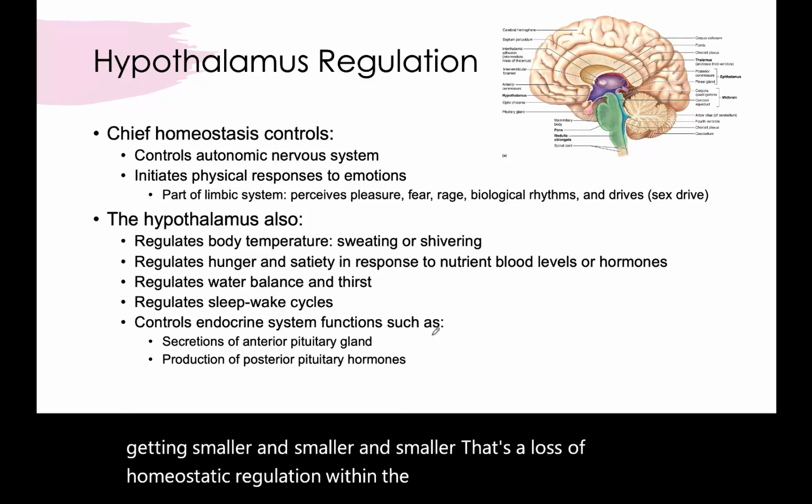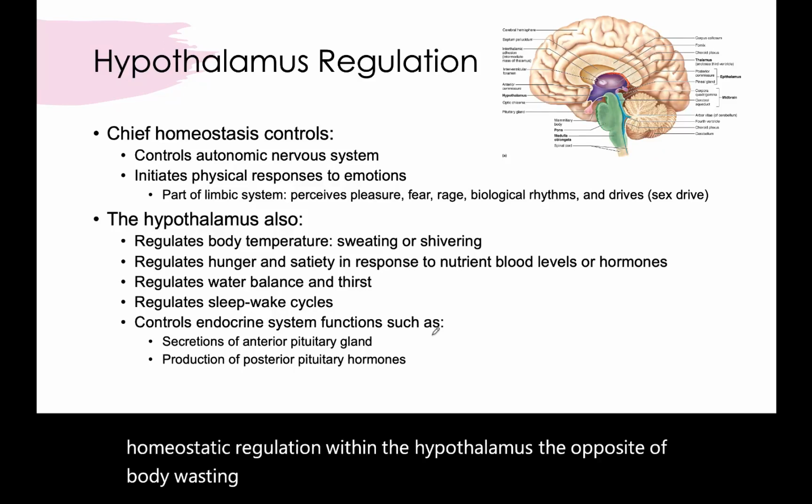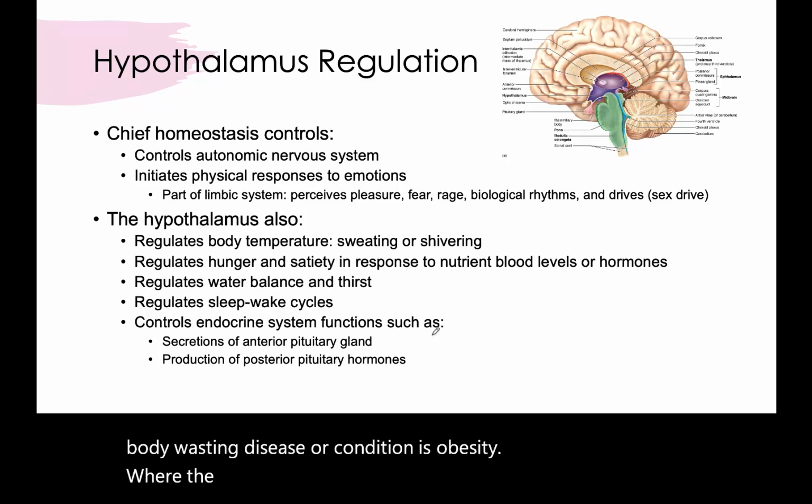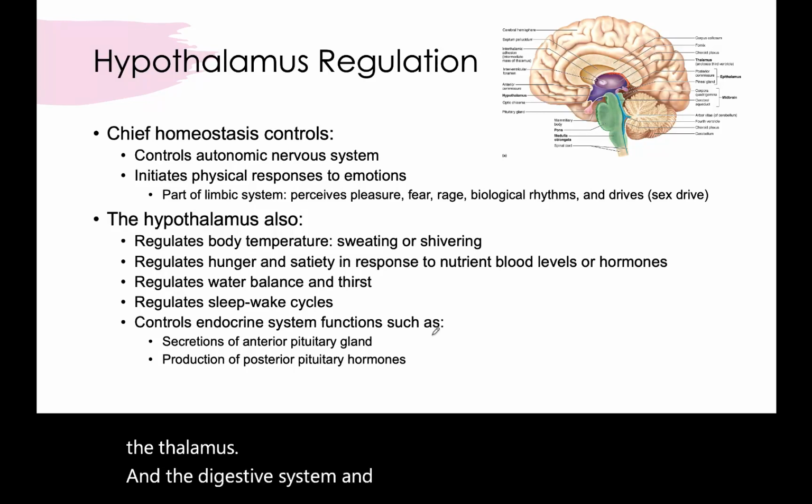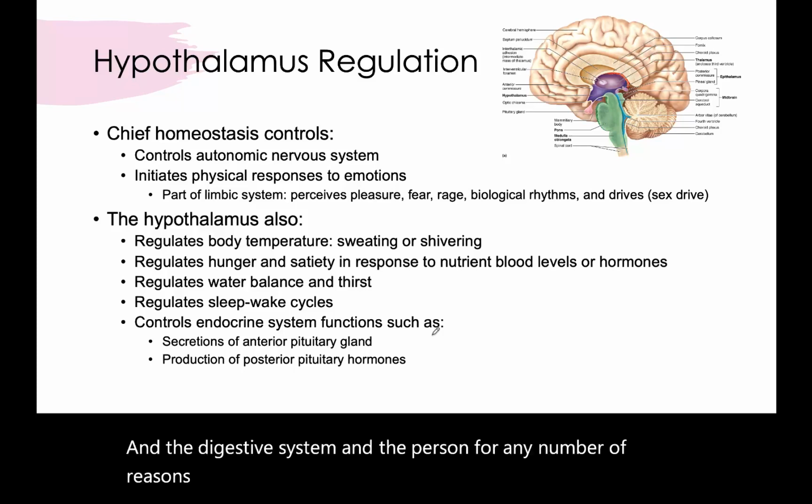The opposite of body wasting disease or condition is obesity, right? Where the hypothalamus loses regulatory control over, let's say, the thalamus and the digestive system, and the person, for any number of reasons, is uncontrollably gaining weight.